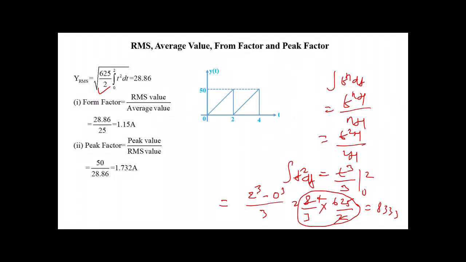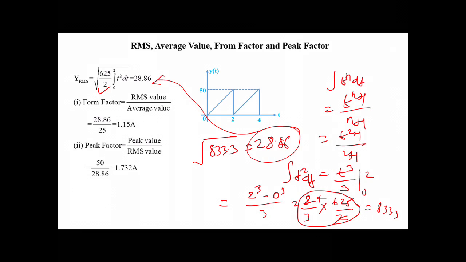Let's take the under root to get the value of y RMS. So the under root of 833.33 equals 28.86.